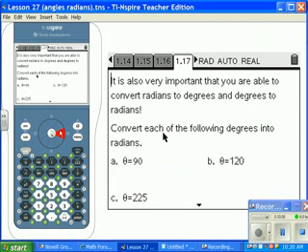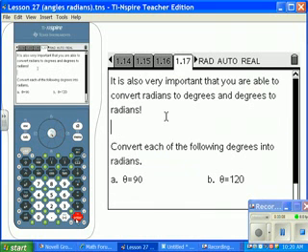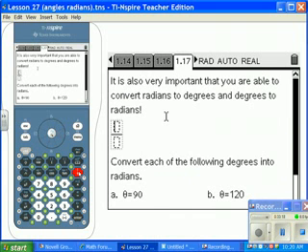It's also very important that we're able to go from radians to degrees and degrees to radians. And there's a formula which helps us to do that. Okay, so you're going to have to enter in the formula here. Fraction. And if you want to write it out or put the symbols, I don't care. It's up to you.